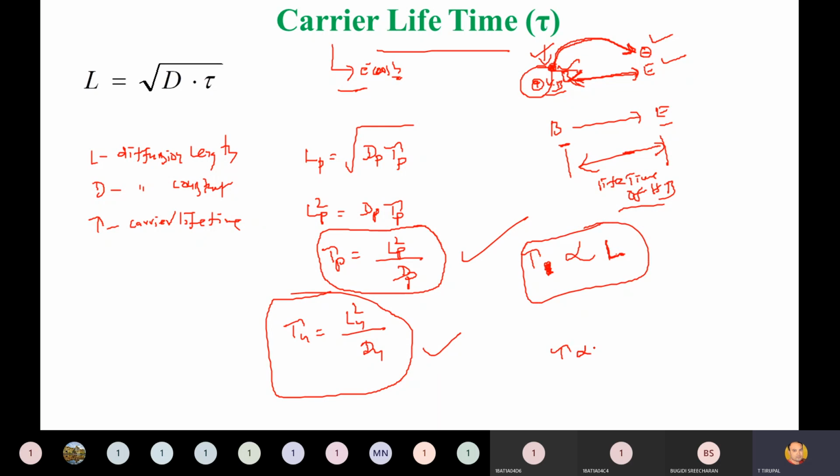Tau is directly proportional to the diffusion length. The more length it travels, the more time increases. Length decreases, time also decreases. This is an important point you need to remember for carrier lifetime.